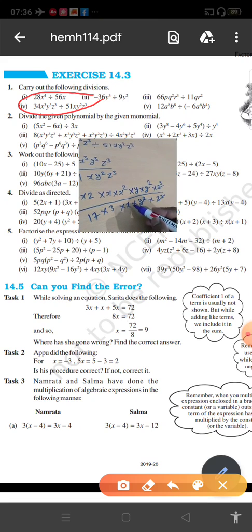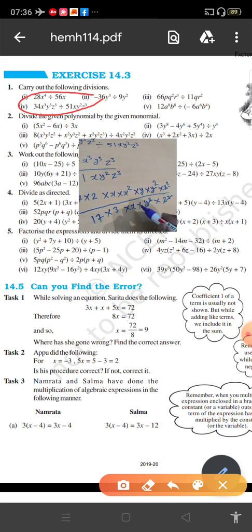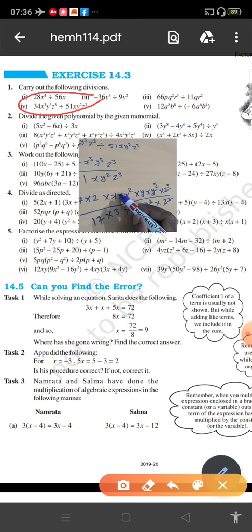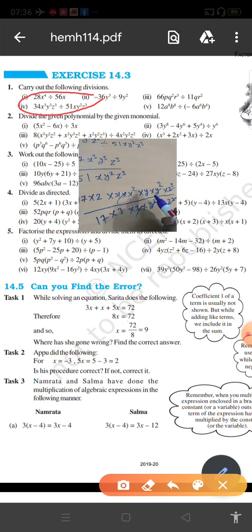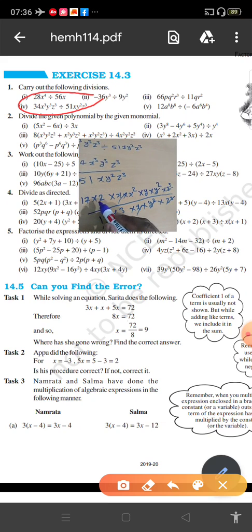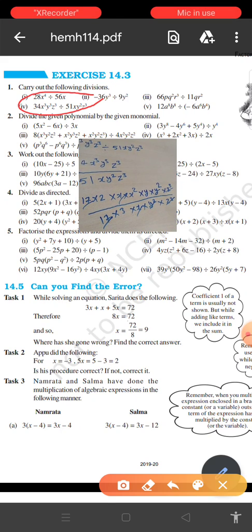Okay, here x and here x, cancelled, and this is 17. So you see the common factor between them.